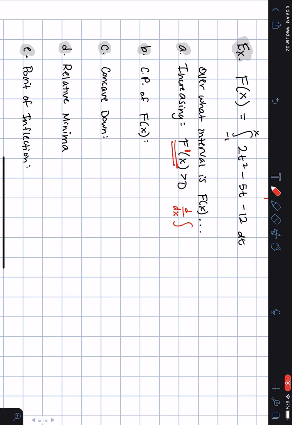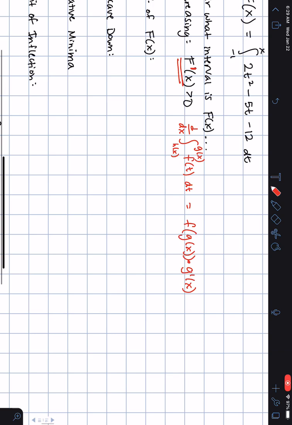So as a reminder, this is the definition of FTC II. FTC II says if you're taking the derivative of an integral, then you will plug in the upper limit first, f of g of x, times the derivative of the upper limit. Write this down, put it in a box. This is FTC II, the definition.